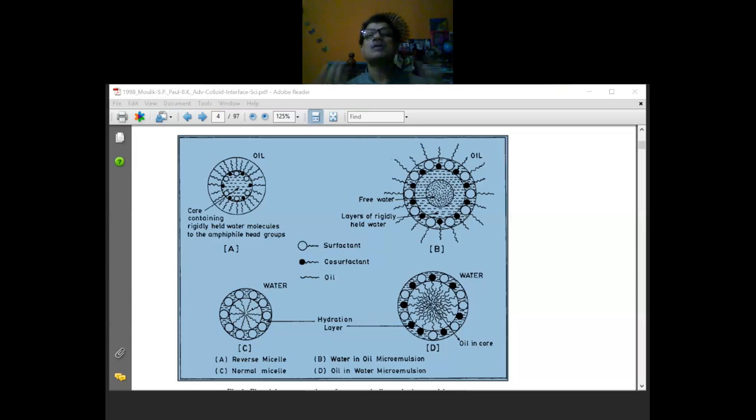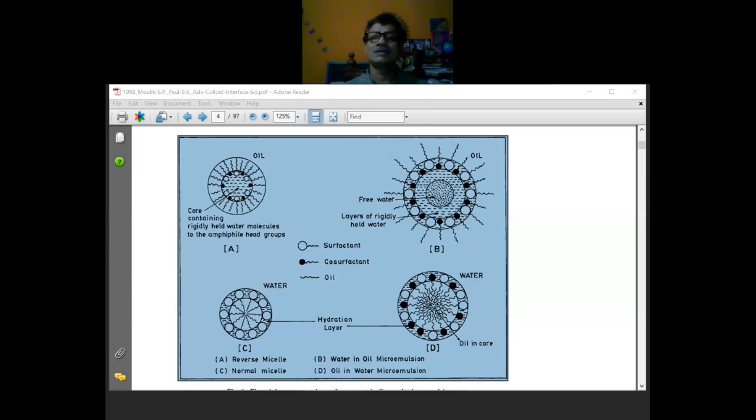So you can make a dispersion of oil in water where a surfactant monolayer will act as a protecting layer that will inhibit the direct contact between oil and water. So, like here on your right hand side bottom panel, I can accommodate some oil molecules into the core of the micelle. So I get a dispersion of oil in water.